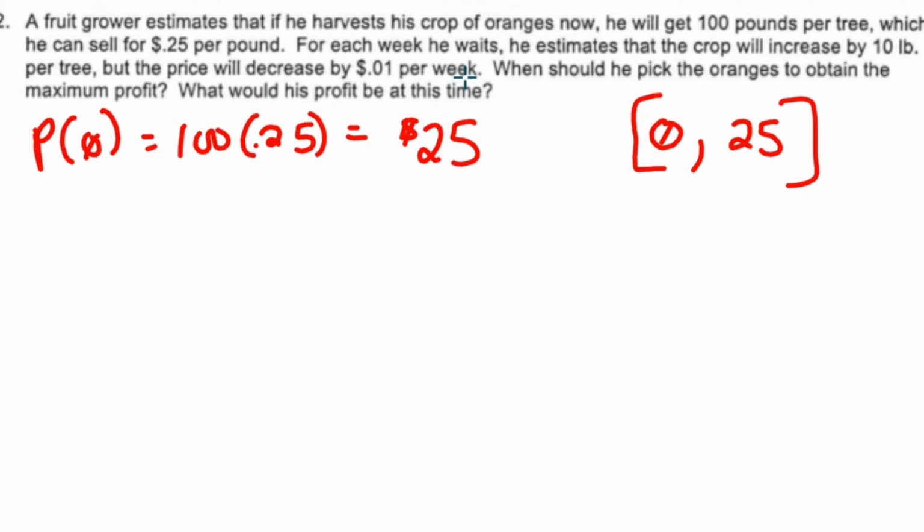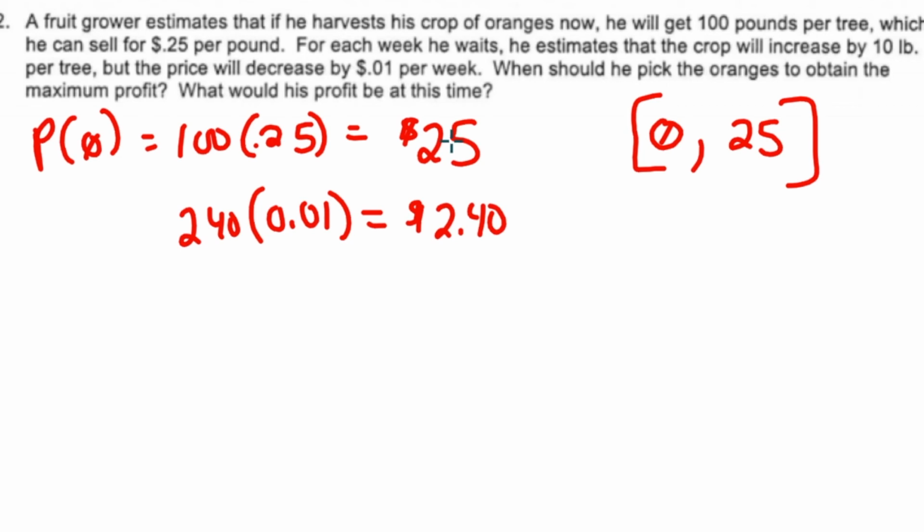But if we look right before that, the week before, it was 240 pounds times the 1 penny that would be left, because you're subtracting 24 cents, so they're still going to get a penny for that. This is going to end up giving us $2.40.